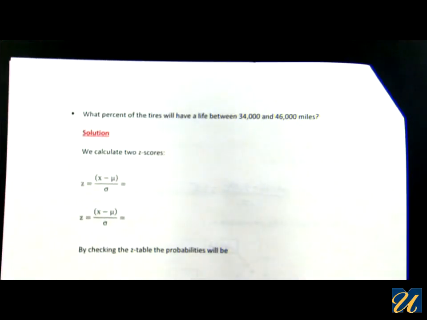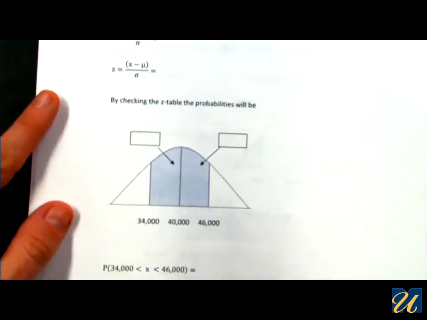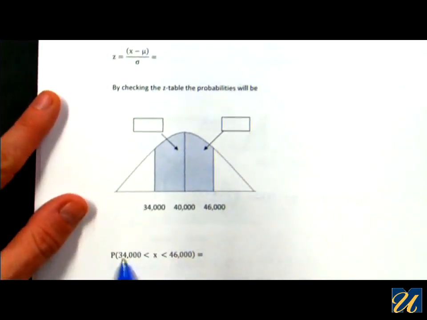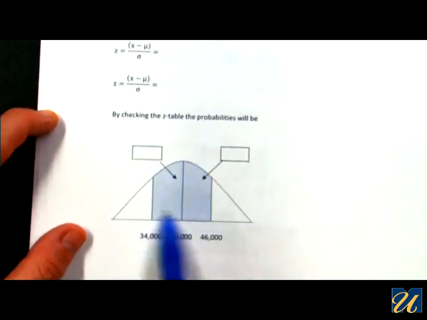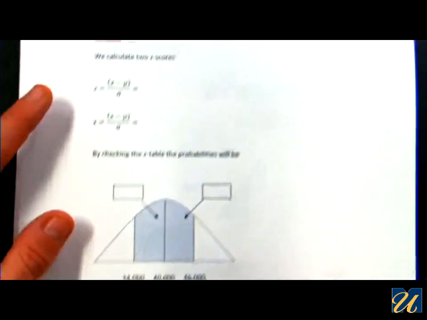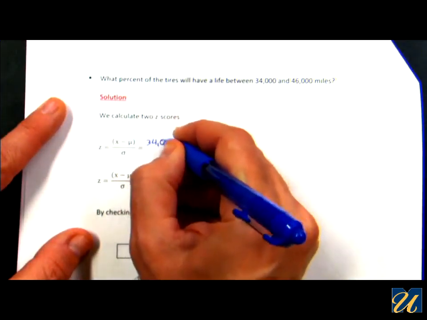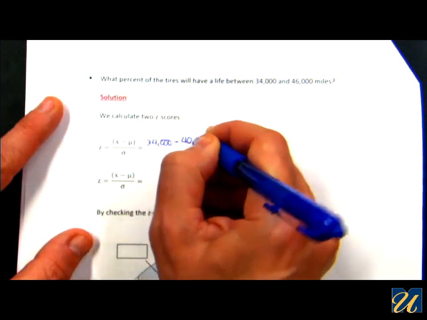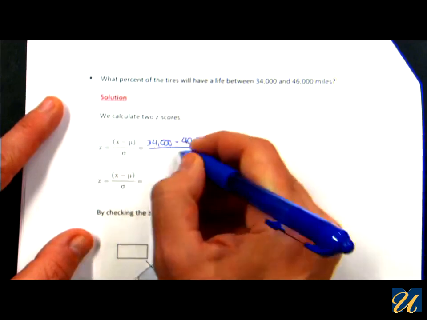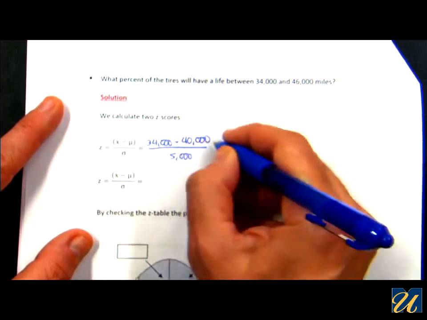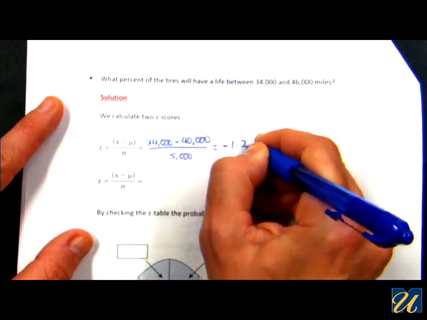What percent of the tires will have a life between 34,000 and 46,000 miles? We calculate the z-scores for the two corresponding values. This is the area we are looking for. The z-score for 34,000 is going to be 34,000 minus 40,000 over 5,000, and this is going to be negative 1.2.